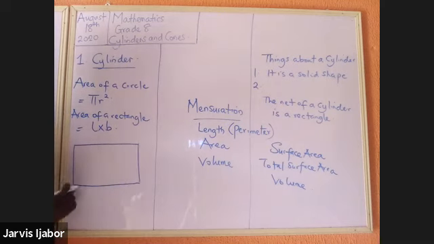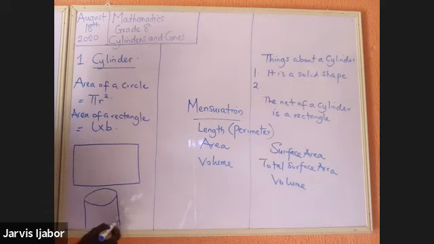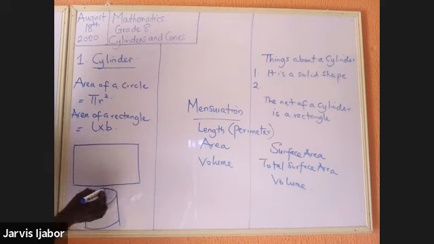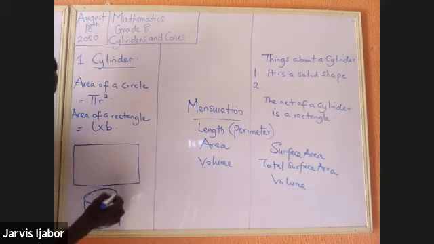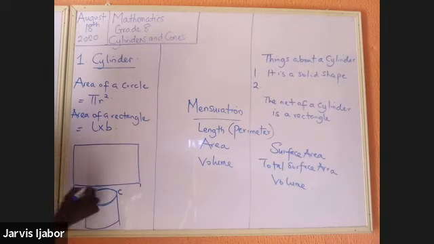If I use this side to form the circle, I'm going to have something like this. The circumference of this one, let me call it C, will be equal to the length of this part.